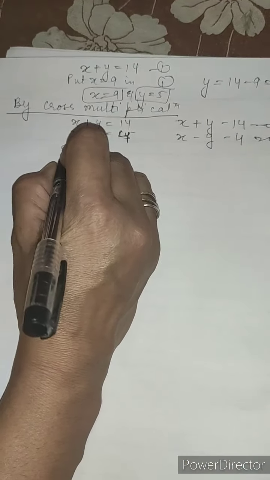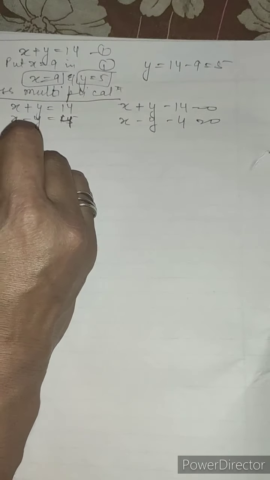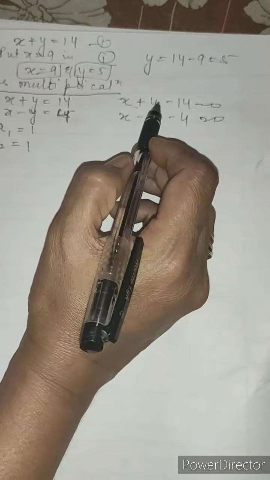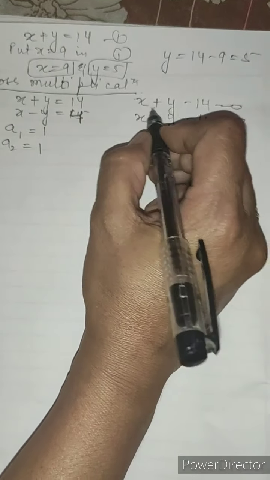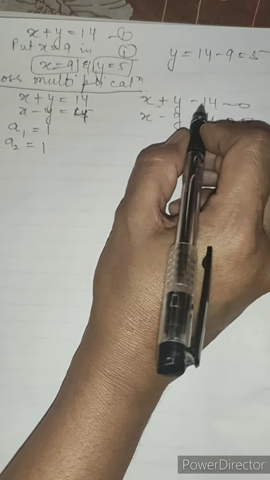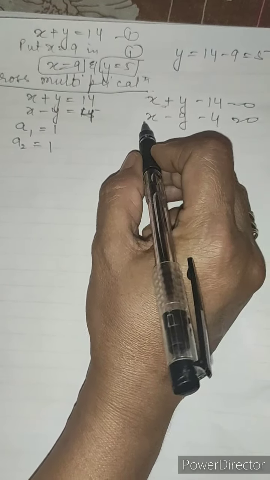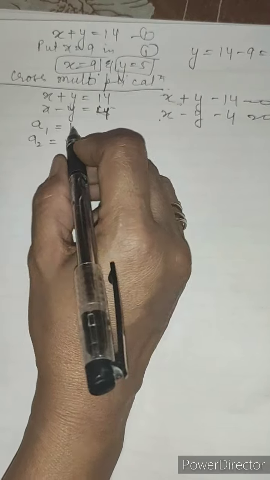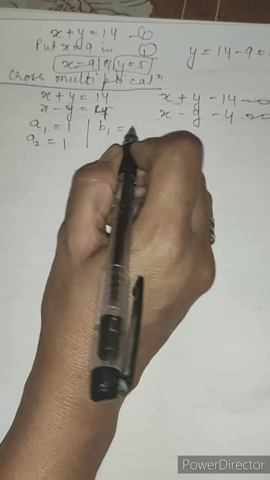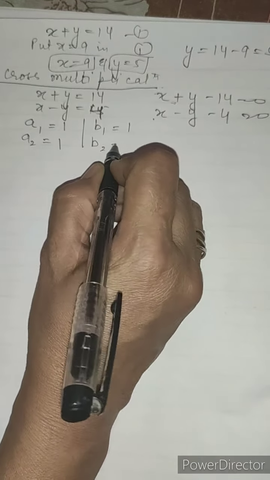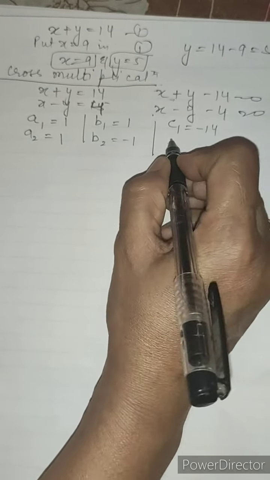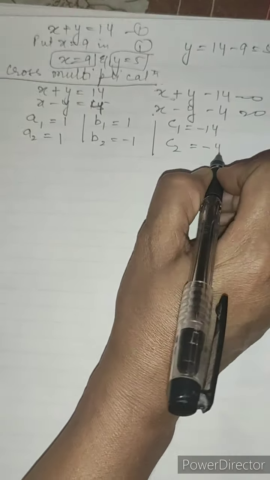We will compare it with the standard form, that is a1x plus b1y plus c1 equals 0, a2x plus b2y plus c2 equals 0. So we get a1 equals 1, a2 equals 1, b1 equals 1, b2 equals minus 1, c1 equals minus 14, c2 equals minus 4.